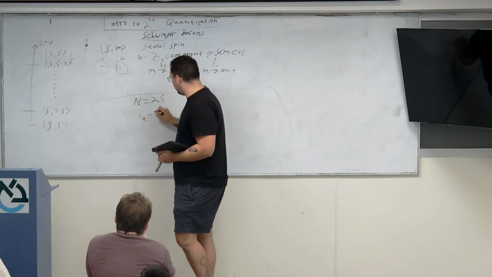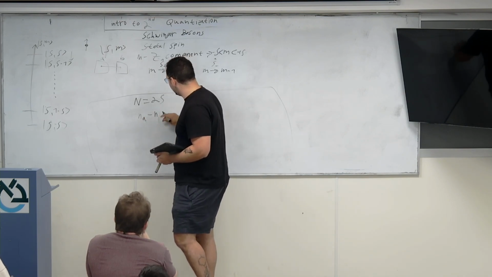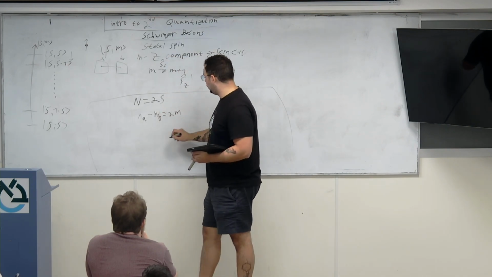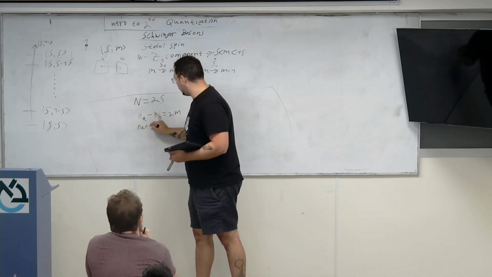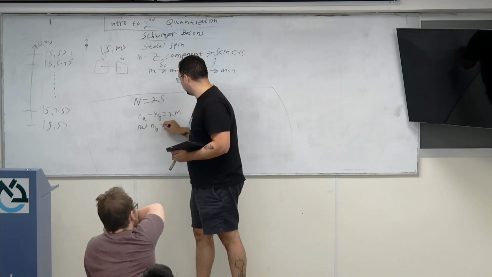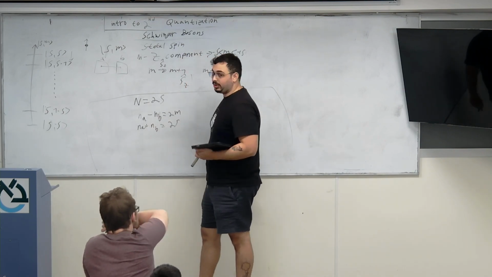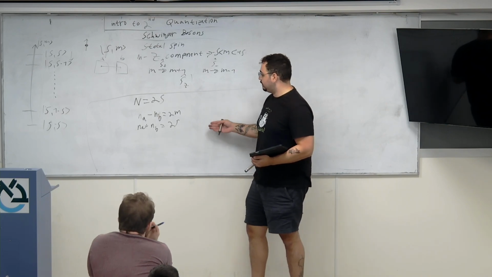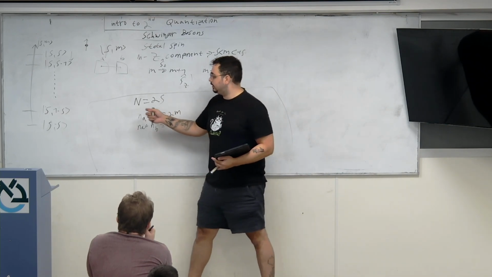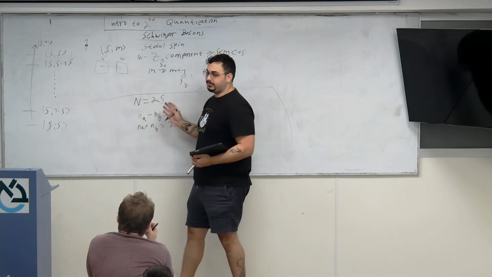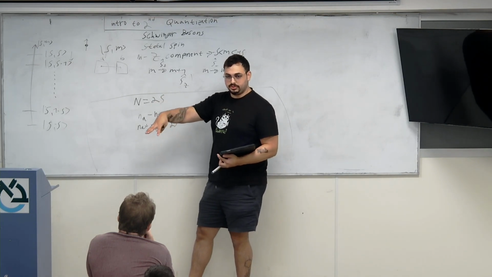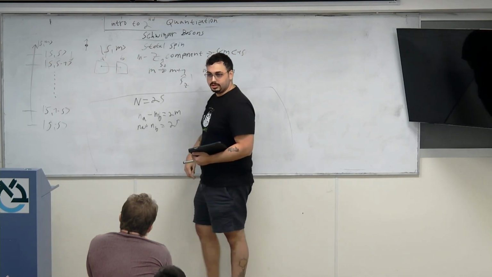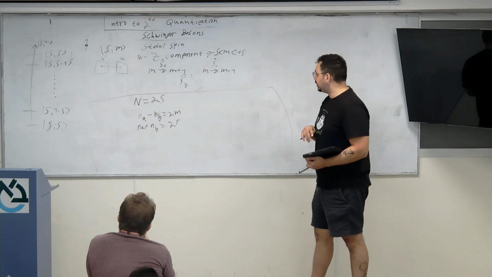I would like to say N_A minus N_B equals 2 M, and N_A plus N_B equals 2S. Why would I like to say that? Because I can very simply extract from the Fock state a new Fock state, the quantities from our original spin state.